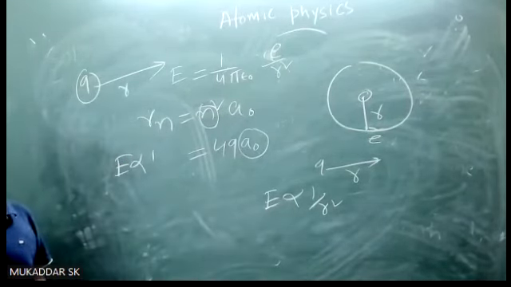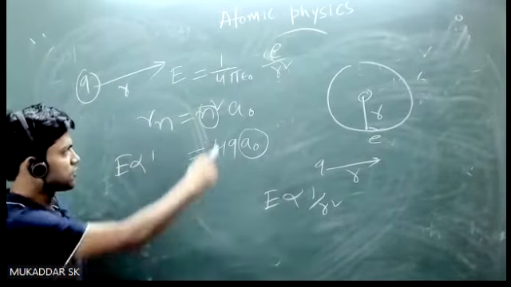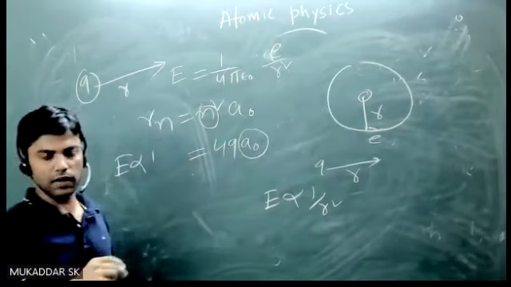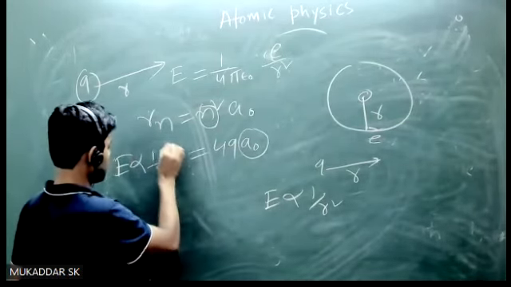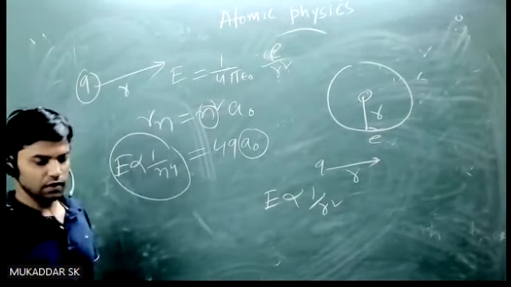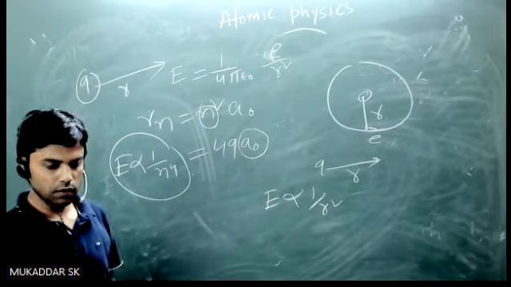R square, and r is related to the principal quantum number as n square. So it should be 1 by n to the power 4. Is it clear? That is what you were asking, right? Yes, sir.